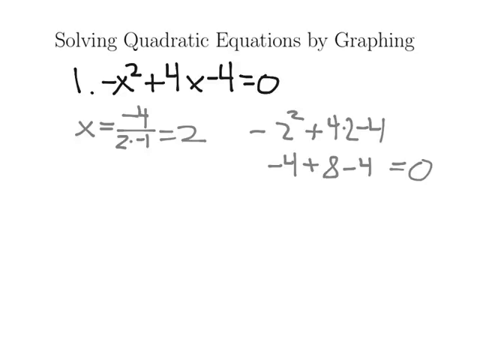Now let's try graphing it. So I know it has a vertex when x is 2 and y is 0. So there's my vertex. And because a is negative 1 here, I know the parabola opens down, or that this vertex represents a maximum.